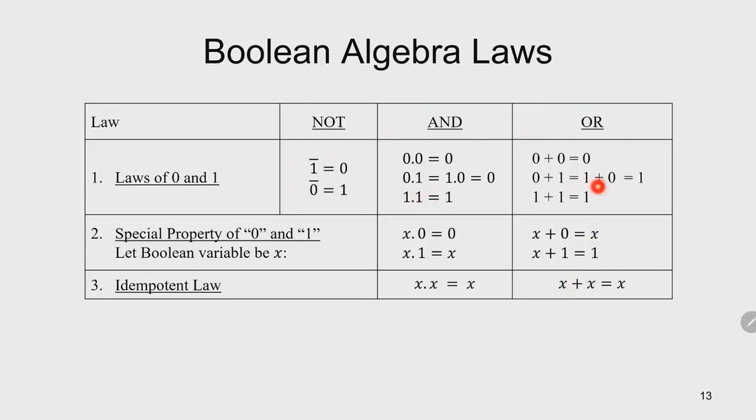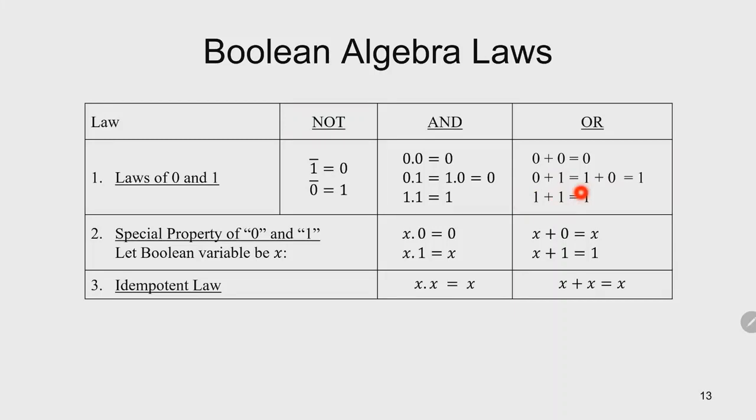And then for the OR, the symbol looks like an addition. Here, the first two are just basic addition. 0 plus 0 equals 0. 0 plus 1 equals 1 plus 0, and that equals 1. But this last one is not the normal addition that you know. 1 plus 1 still equals 1 in our Boolean algebra.